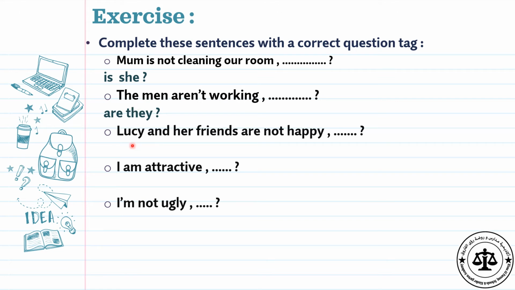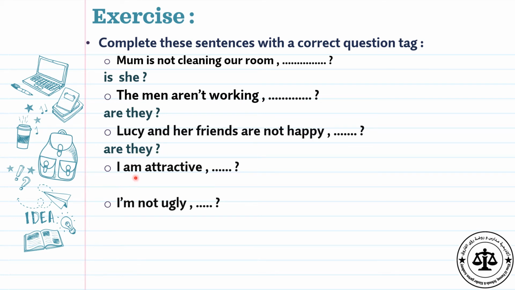The next one. Lucy and her friends are not happy. Also, are not. So it's negative. The question tag should be in positive form. So, Lucy and her friends aren't happy, are they?